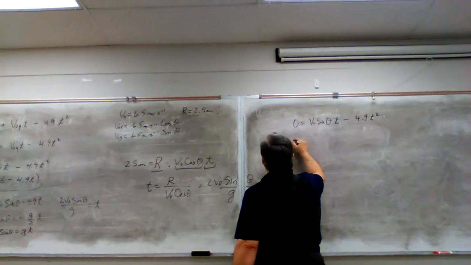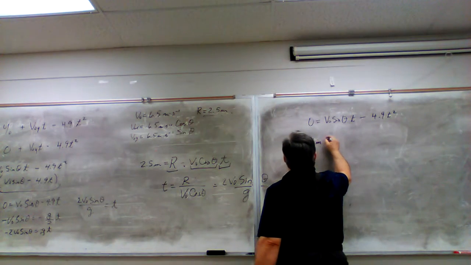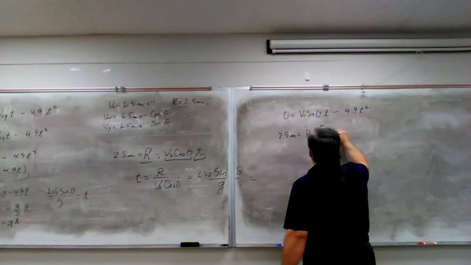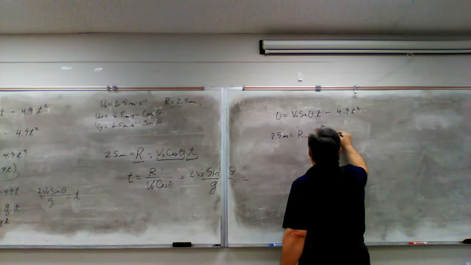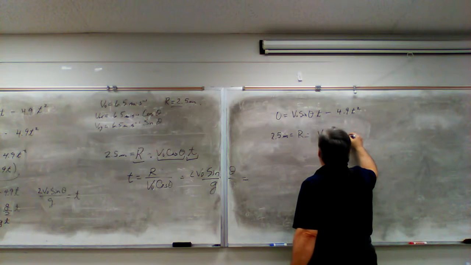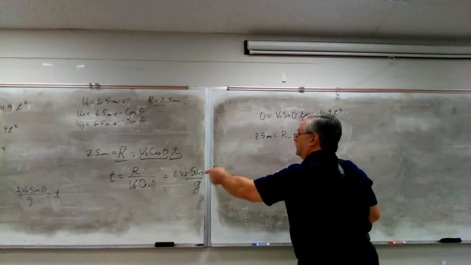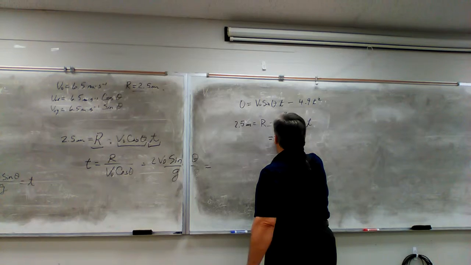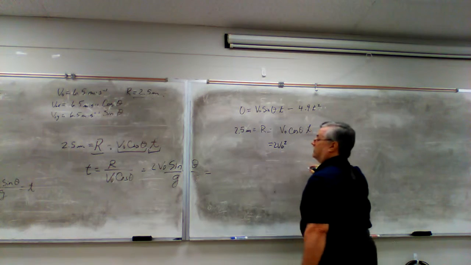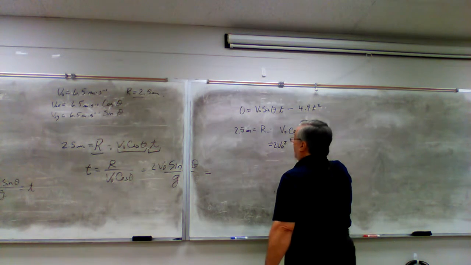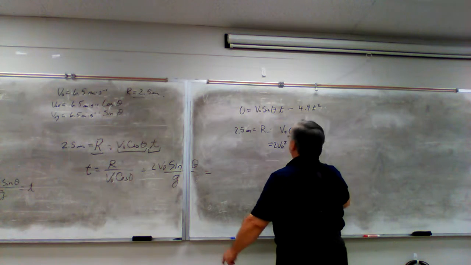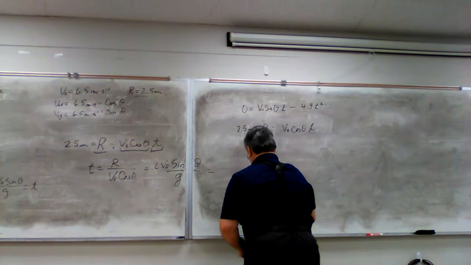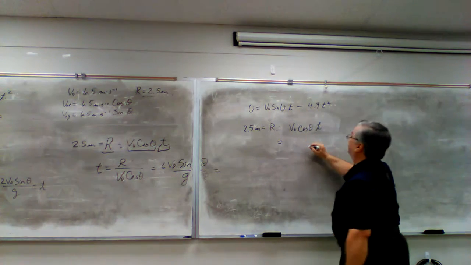We've got 2.5 meters equals v sub naught cosine theta times t. You know what? Let me make sure you see where this is coming from.